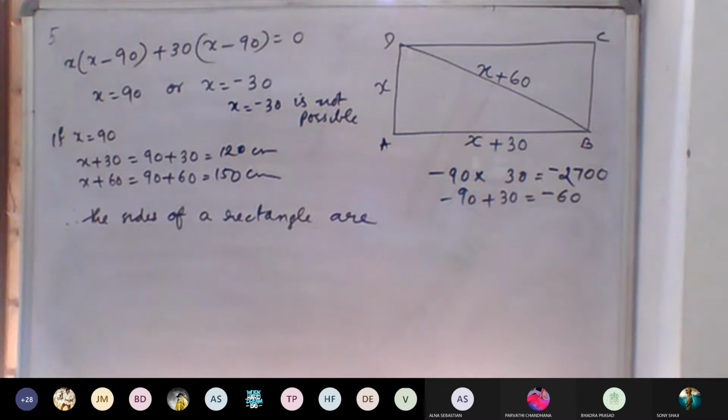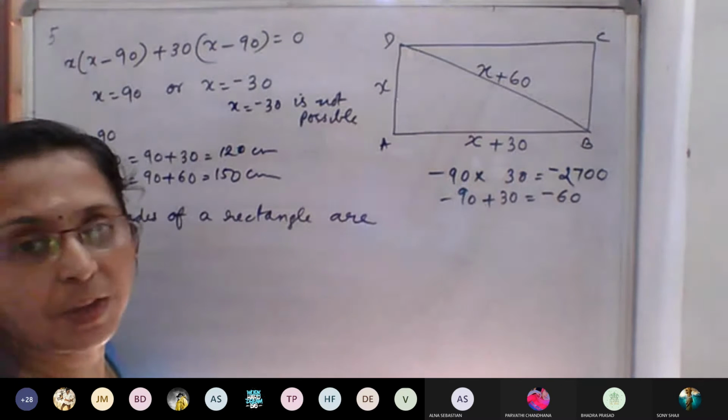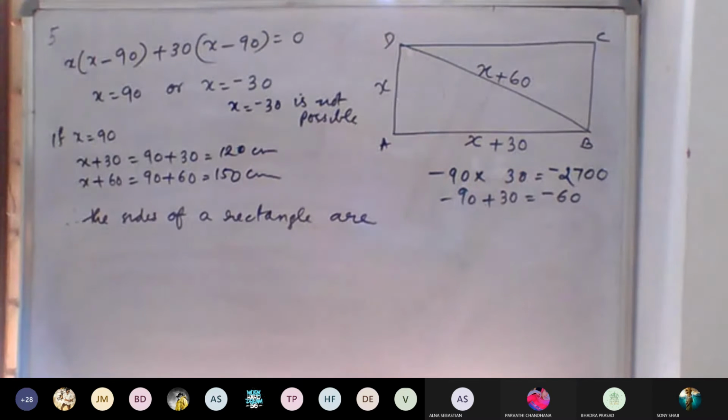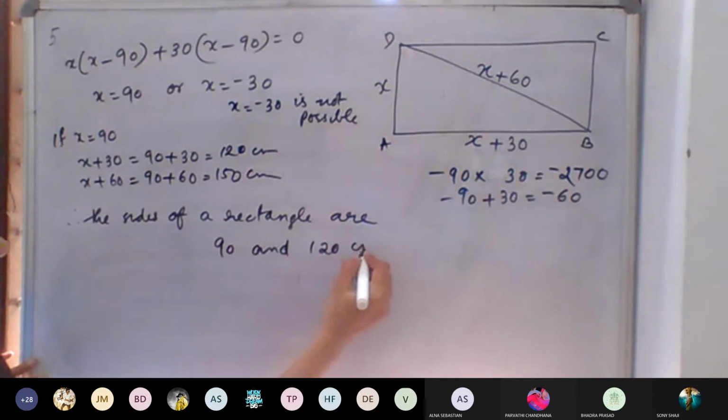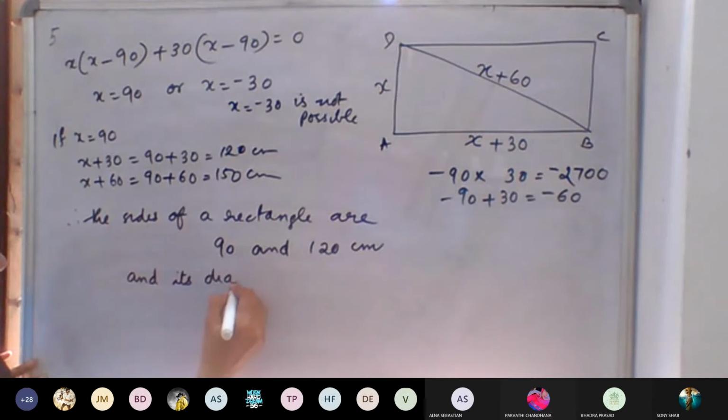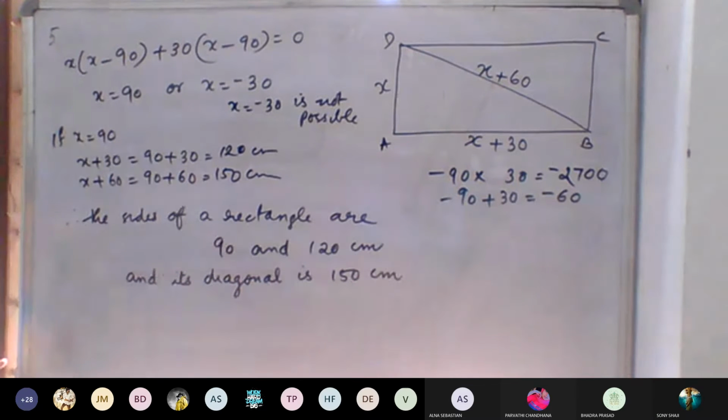We want to find the sides of the rectangle. The sides of the rectangle are 90 centimeter and 120 centimeter, and its diagonal is 150 centimeter.